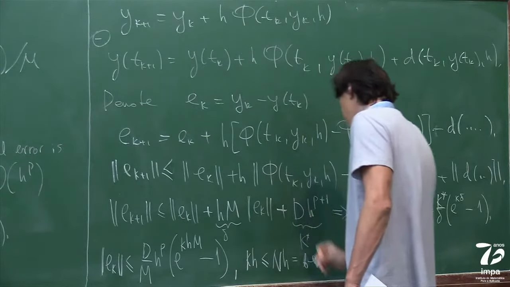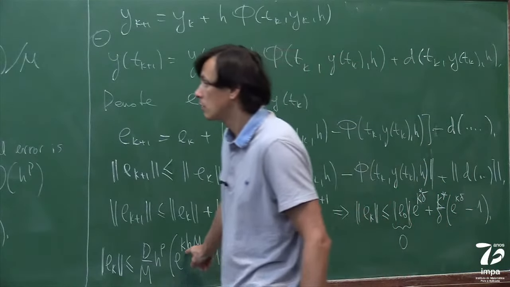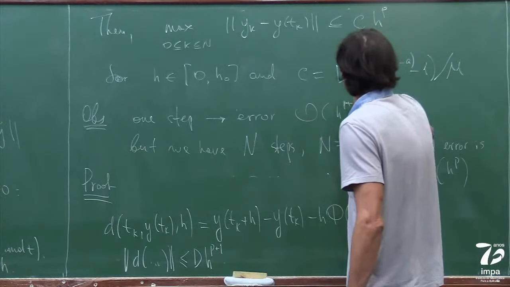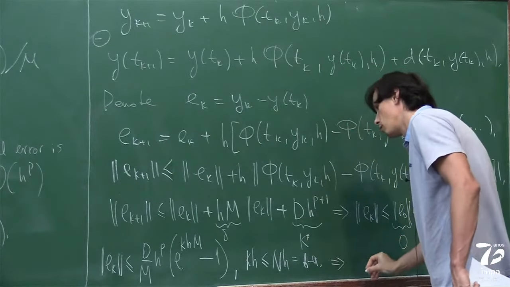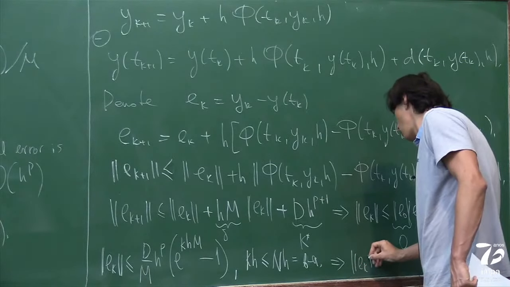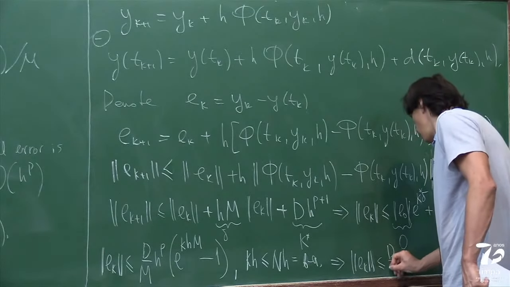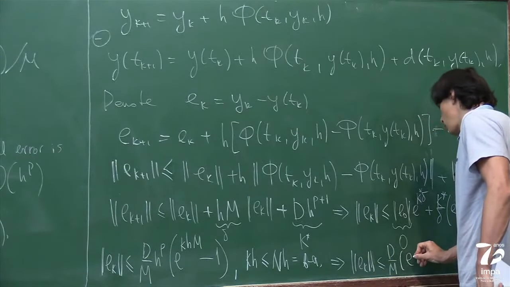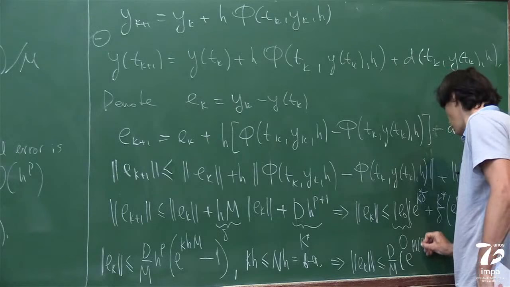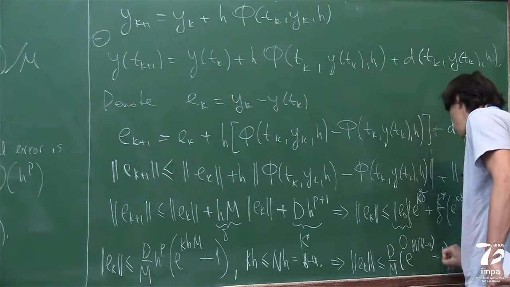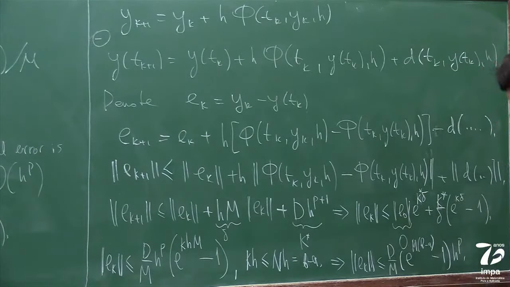This is the size of the interval. So put here b minus a, and you get exactly what we wanted to have: (e^{M(b-a)} minus 1) h^p. That's it.